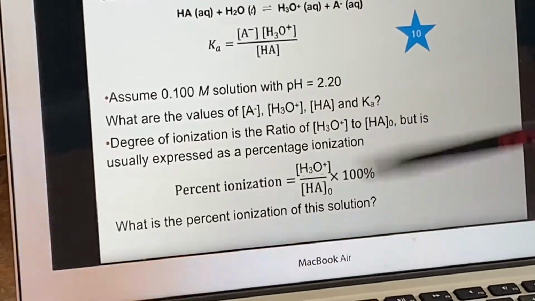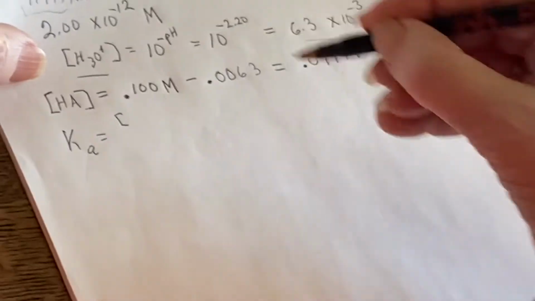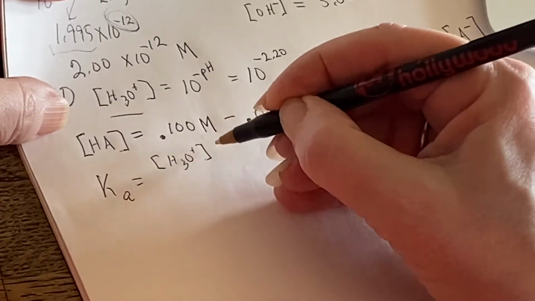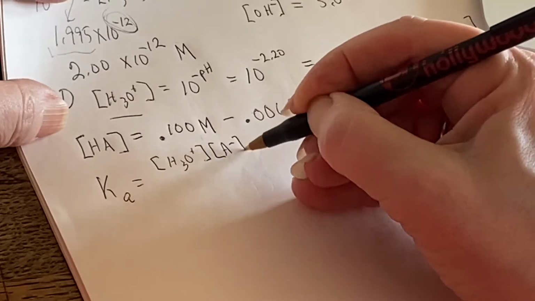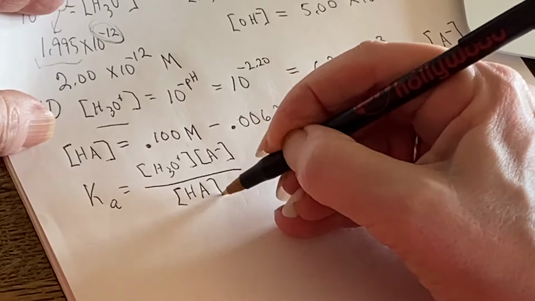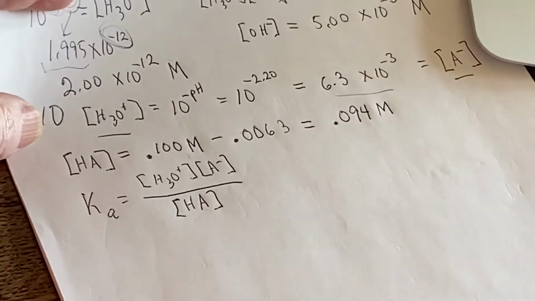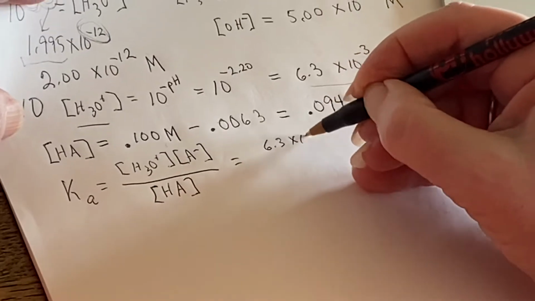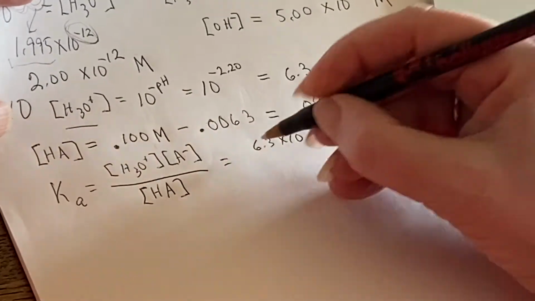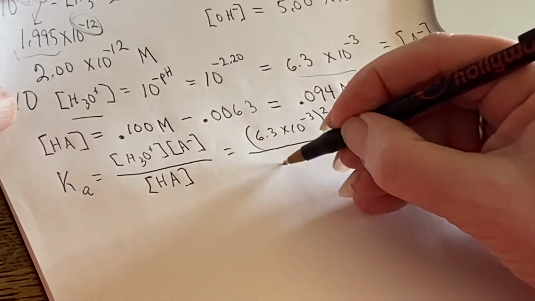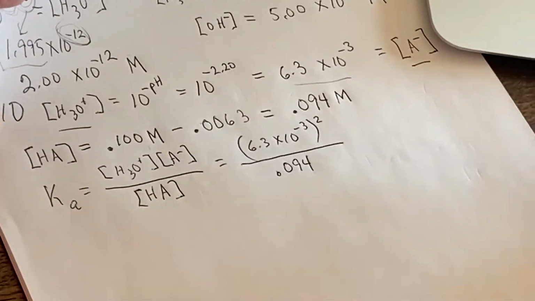Okay, that's fine. What was the definition? Well, it was the products, which would be this hydronium ion, and whatever the anion concentration was, over the concentration of the acid that has not fallen apart. I'll just put these numbers in, 6.3 times 10 to the negative third, and because they're both the same thing, I'll have to square that, and then divide by the 0.094.